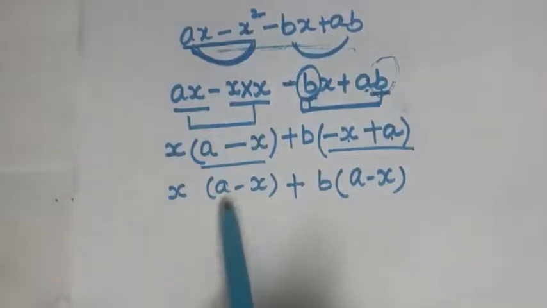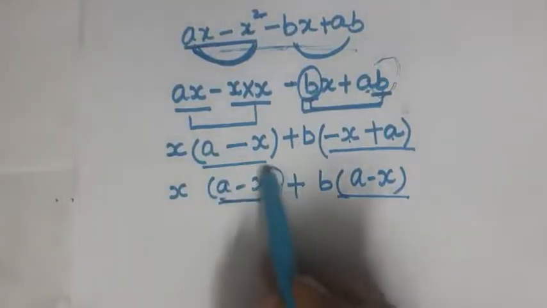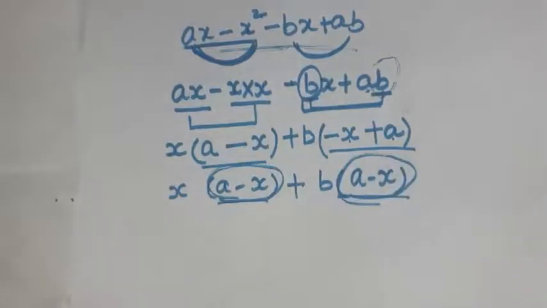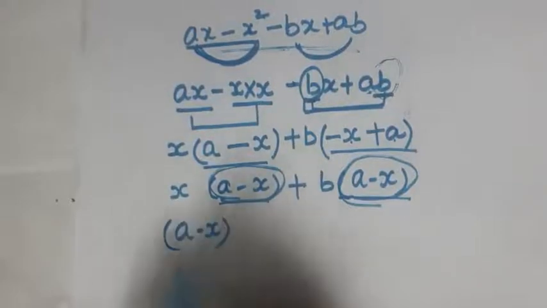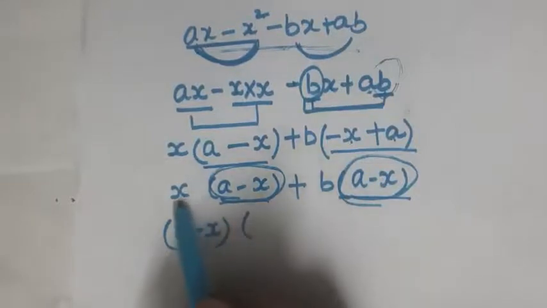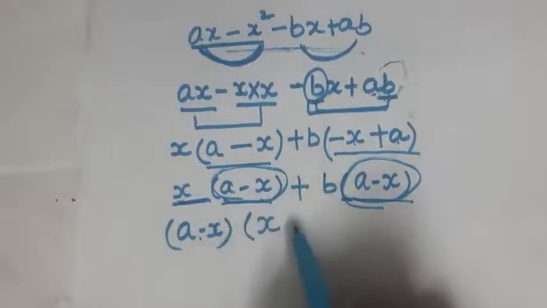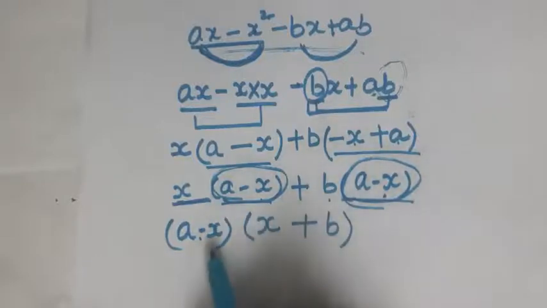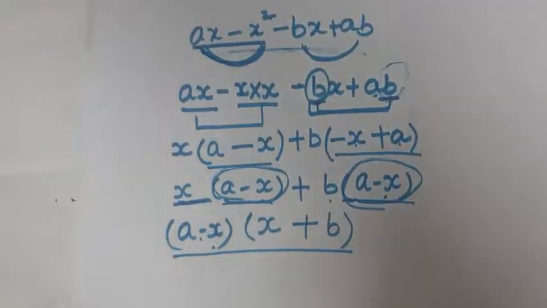So now these two brackets are same. It means this whole bracket I can take common. So a minus x is common here. So what am I left with? I am left here with x, this I have taken common, plus b only, because this I have taken common. So now this is your final answer.